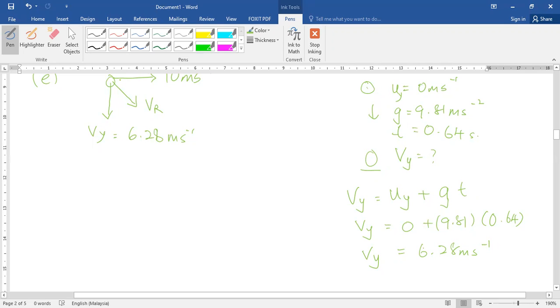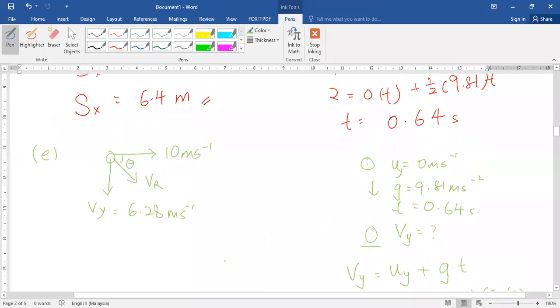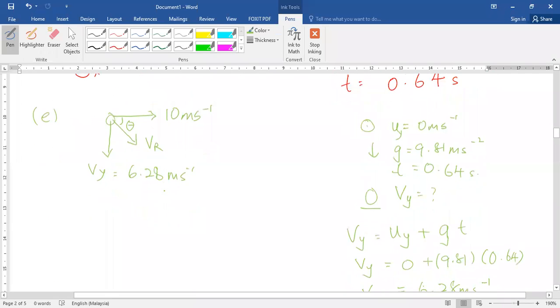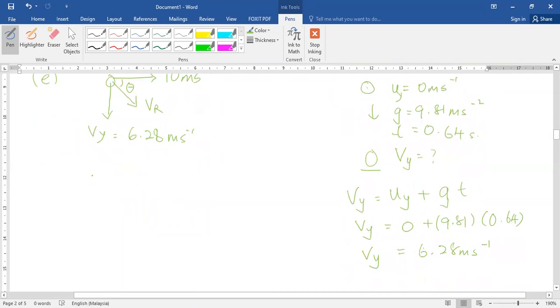Okay, let's say I give an angle like that, the direction. So now we solve it by using the vector method. VR squared is equal to Vy squared plus Vx squared. So VR squared is equal to 6.28 squared plus 10 squared.